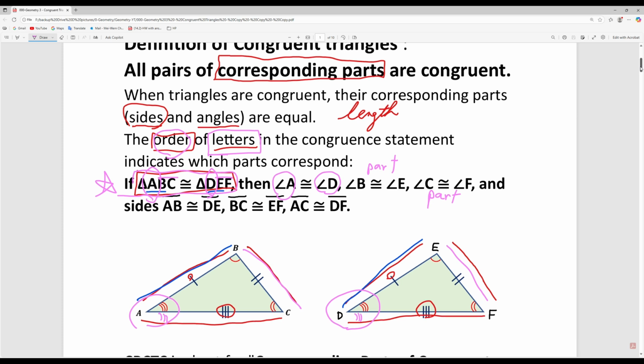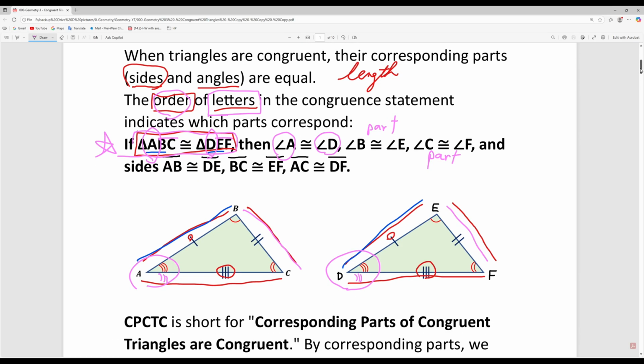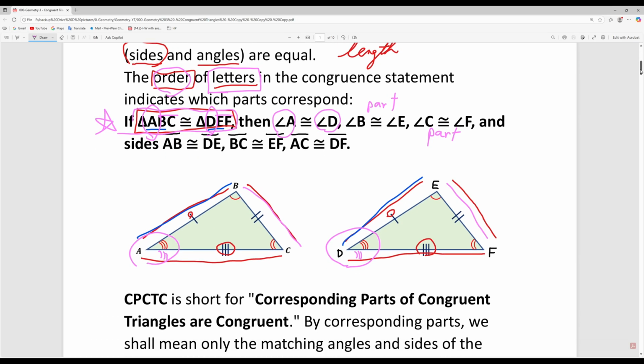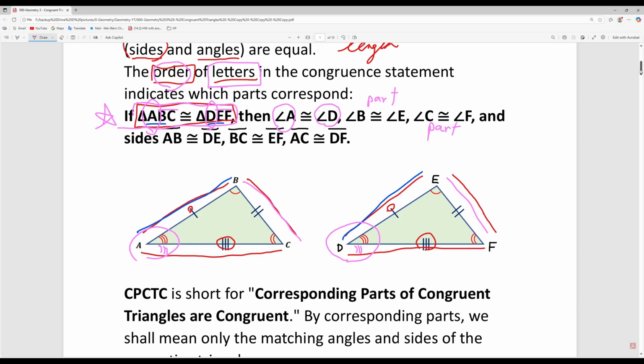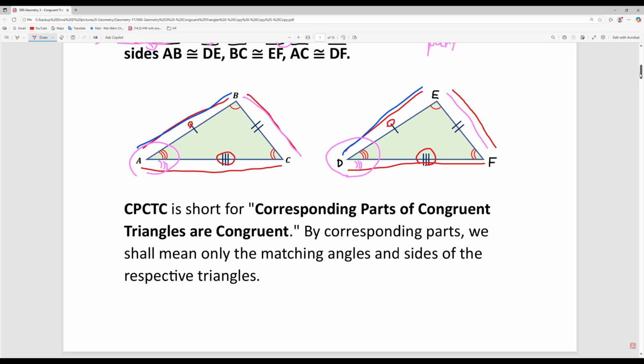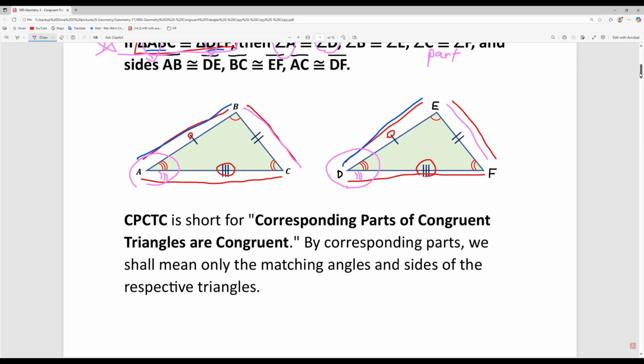After we understand the definition, you understand that you don't need to always put one triangle on top of the other triangle to tell if they are congruent or not. Now, when we are talking about the corresponding parts of congruent triangles, they need to be congruent.